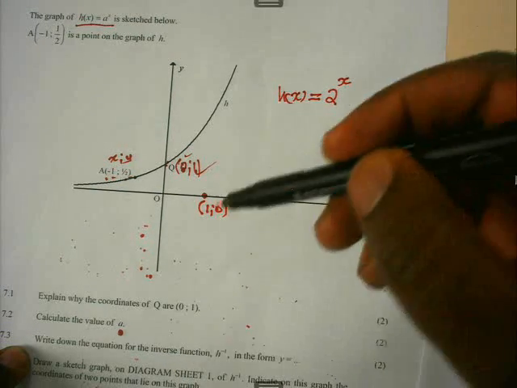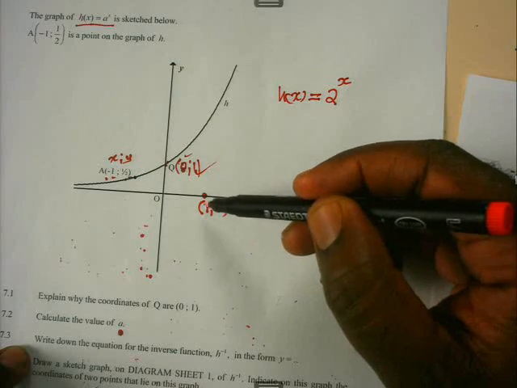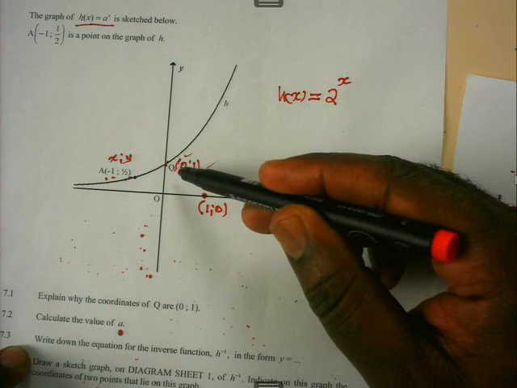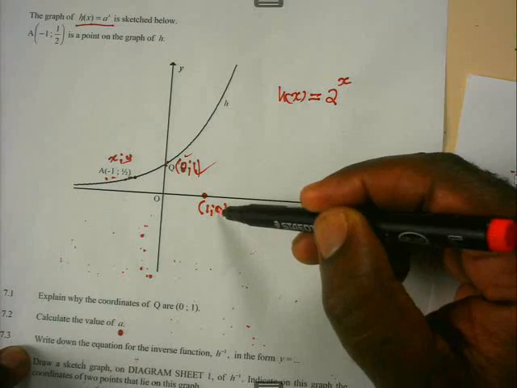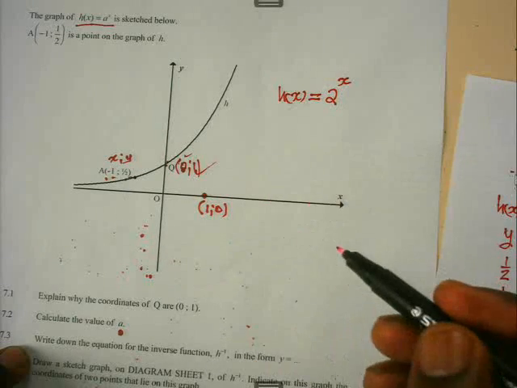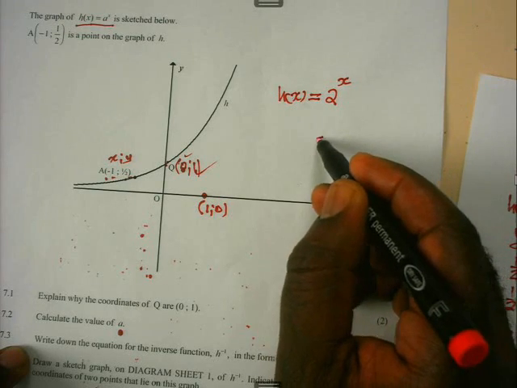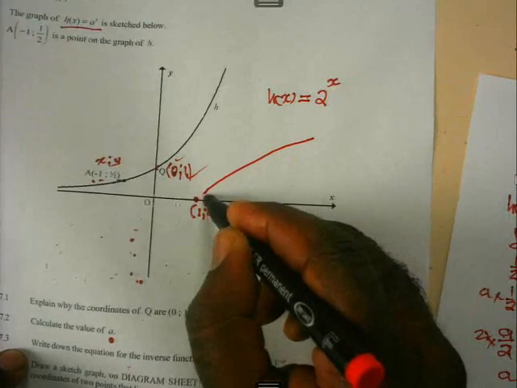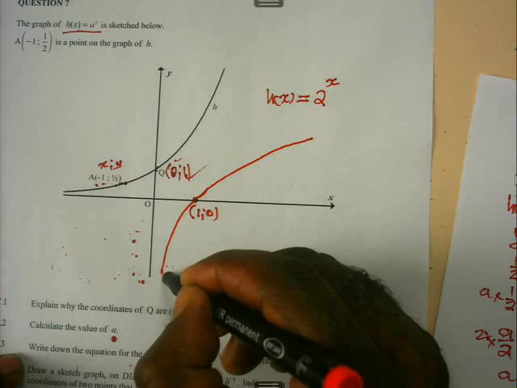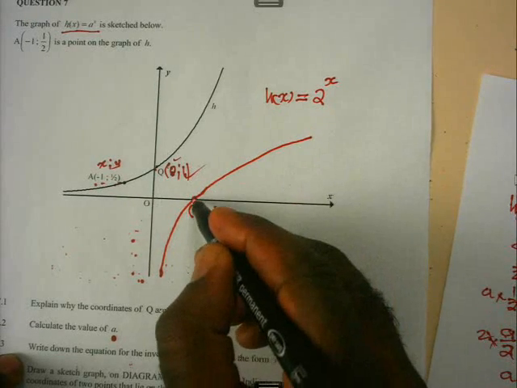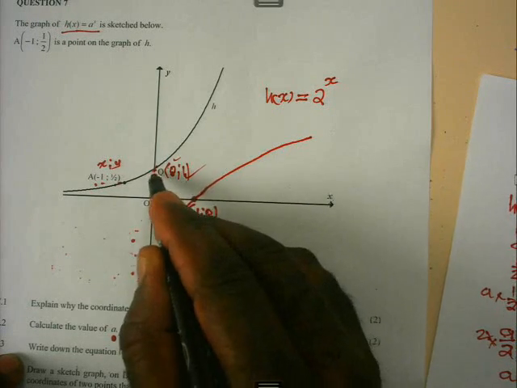In essence, this point should be the mirror image of that. This must be the mirror image of that. This is how it's going to look. We have 1 and 0 here, and here we have 0 and 1.